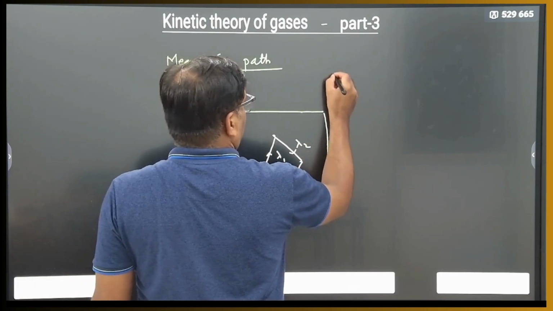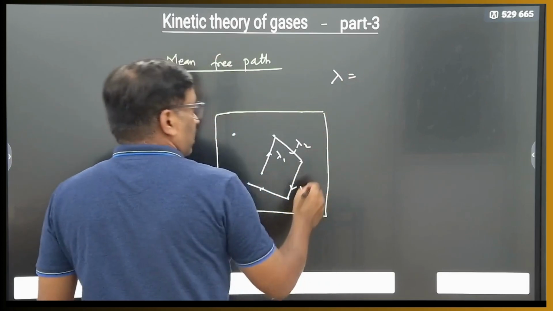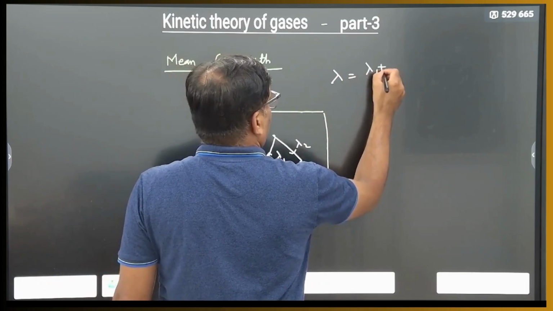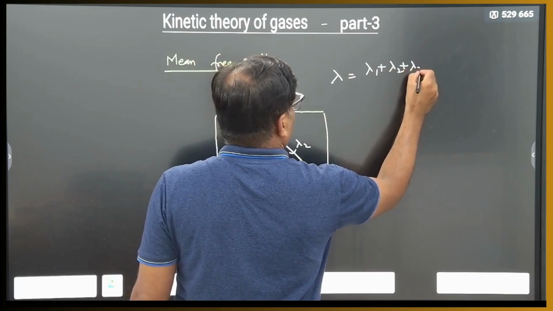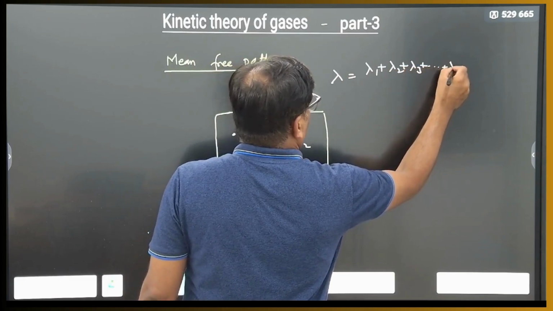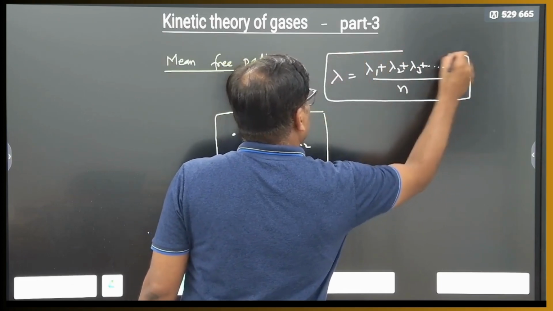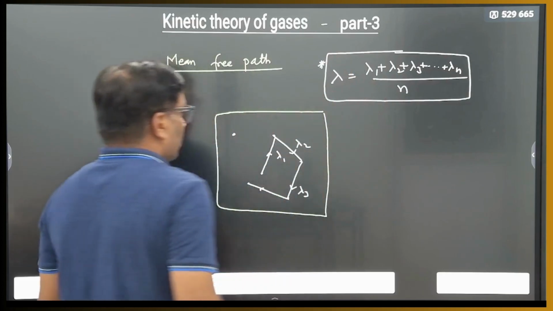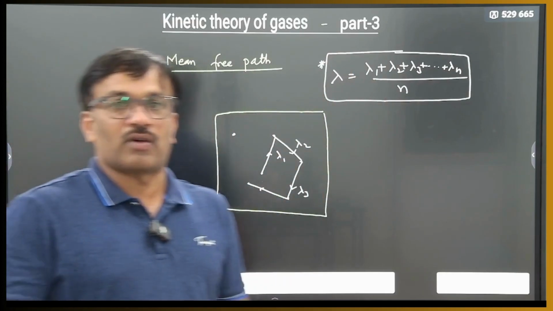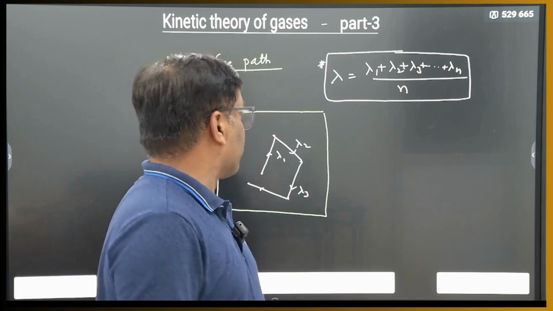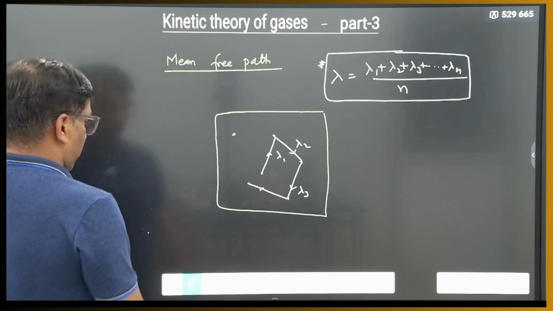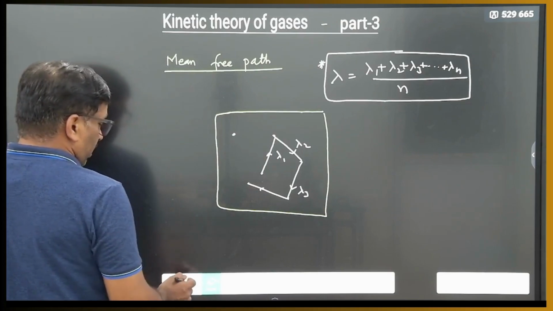So what will be the mean free path now? Mean free path is nothing but the average distance, that is lambda 1 plus lambda 2 plus lambda 3 and so on up to lambda n, divided by n. This is the average distance traveled by the molecule to undergo successive collisions. From the kinetic theory of gases we have already derived one equation for this mean free path.